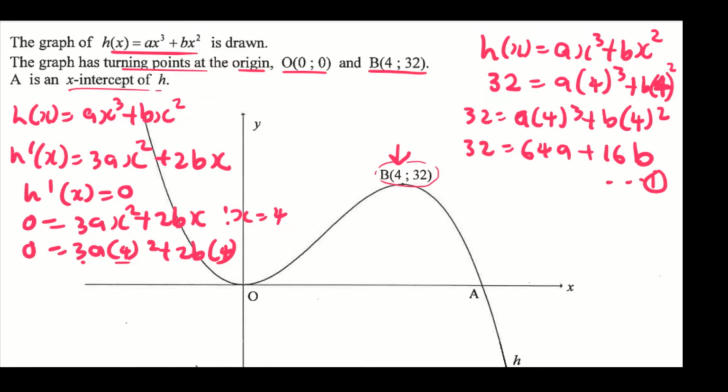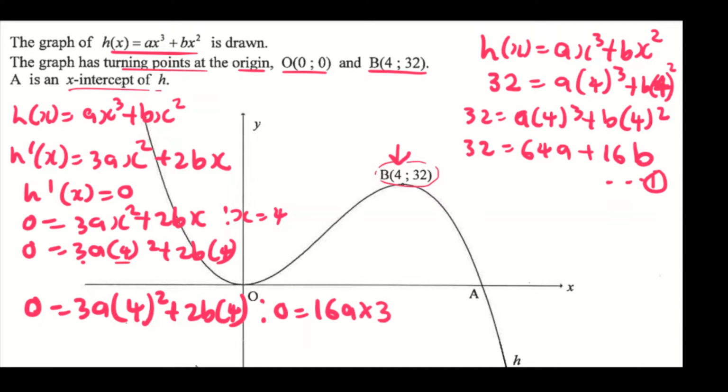Let me correct this. So here it's actually 0 equals 3a into 4 to the power of 2 plus 2b into 4. So it's going to be 0 equals 4 to the power of 2 is 16, so it's going to be 16a times 3 plus 8b.